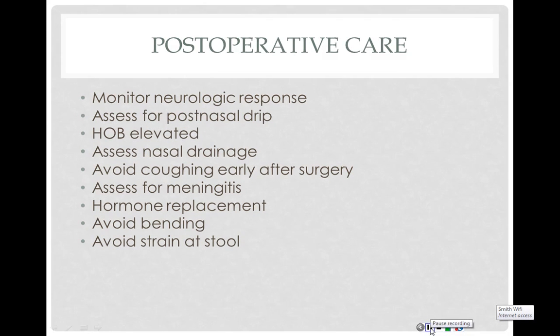So what we'll put the person on is a mustache drip pad, and the reason we're putting that there is because the person is going to have drainage, but we want to monitor the person for a cerebrospinal fluid leak. And so we're going to assess that nasal drainage on that mustache pad, and we're looking for what we call a halo sign.